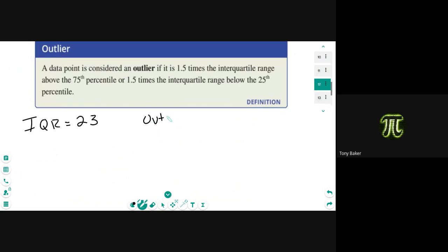So your outlier is 1.5 times your interquartile range. So 1.5 times 23 in this situation.